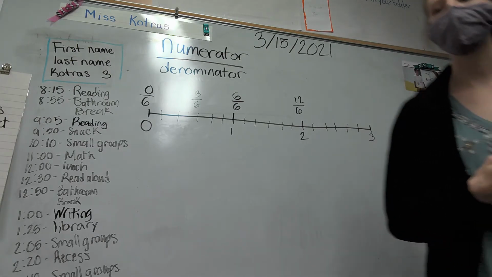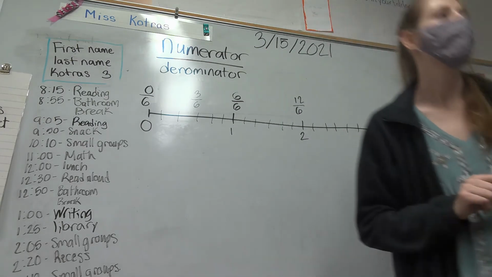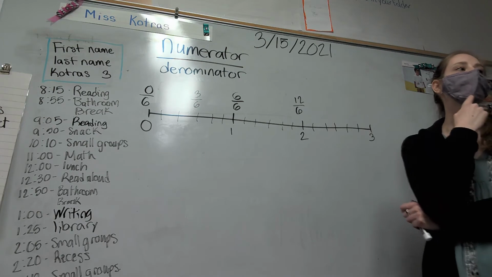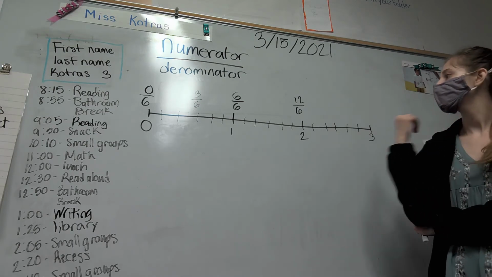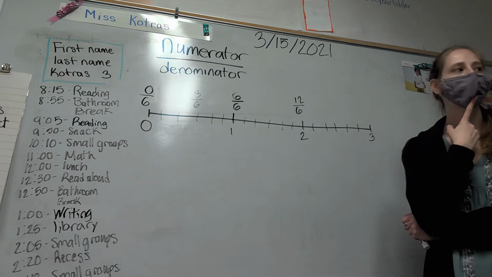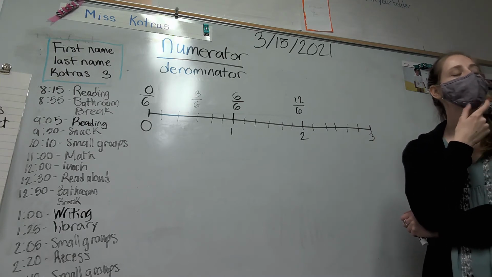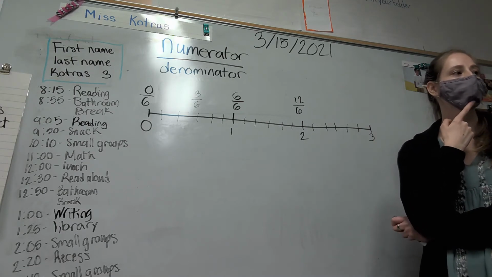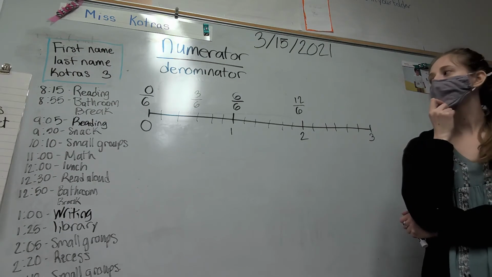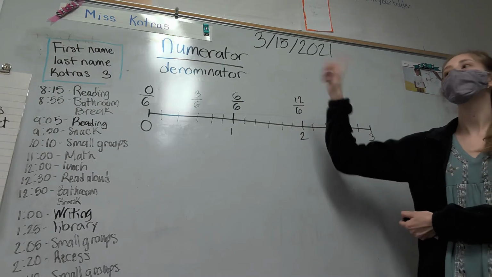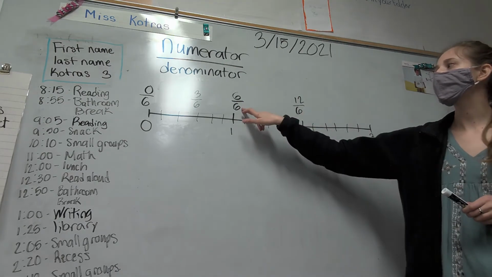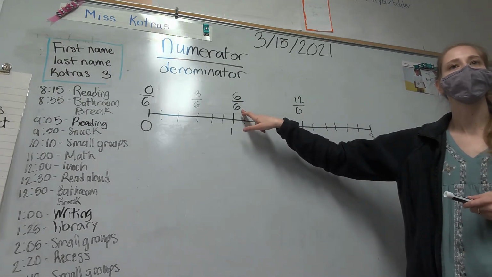And our last one, Marquise, is 9/6. Do you have an idea where 9/6 is going to go? At the 3? Not quite. Where could we start to count up to find where 9/6 would be? Is 9 bigger than or smaller than 12/6? Smaller than. So maybe I should start counting at 6/6. Count with me.